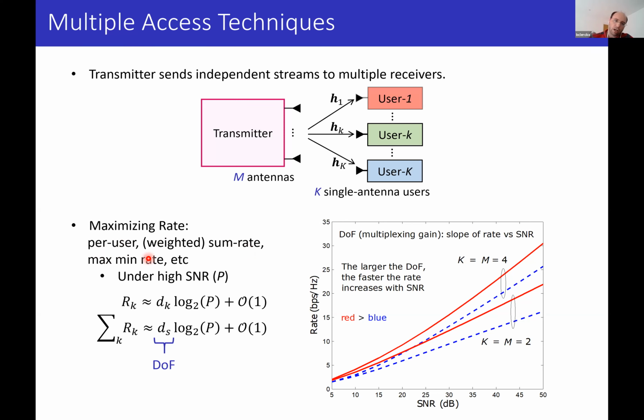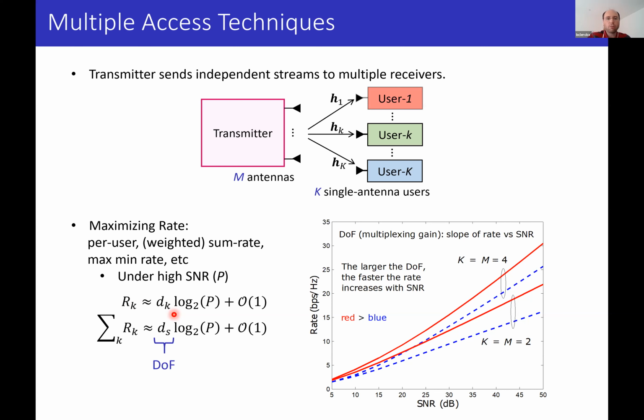And typically in the high SNR regime, as you increase the SNR, those rates can always be written as something like this. The rate of user K here would be d_k multiplied by log 2 P, where P is the SNR. So we have the SNR here in dB, and the pre-log factor of the SNR is d_k, and this is what is called degrees of freedom or multiplexing gain. So this is the slope of the rate as a function of the SNR.